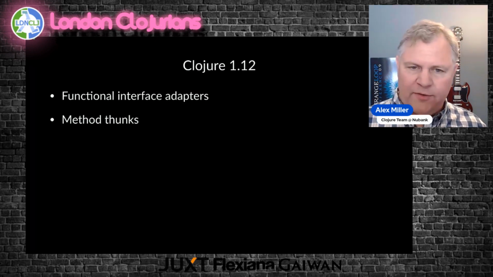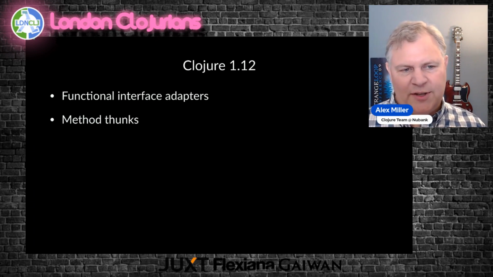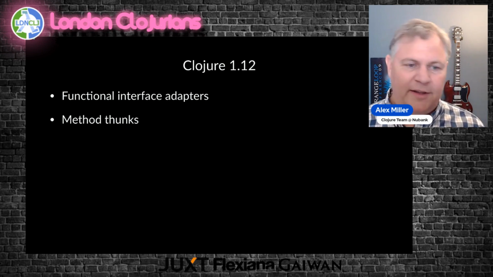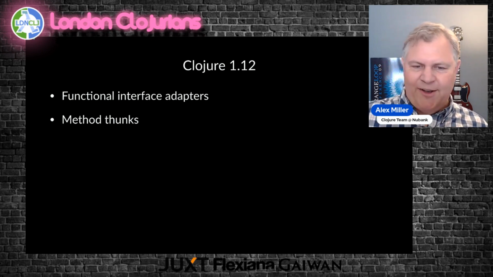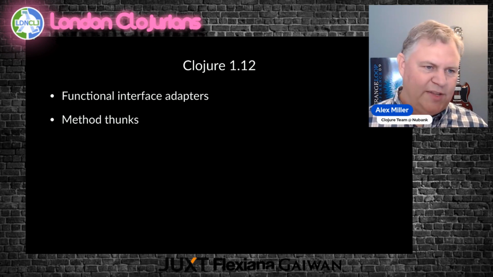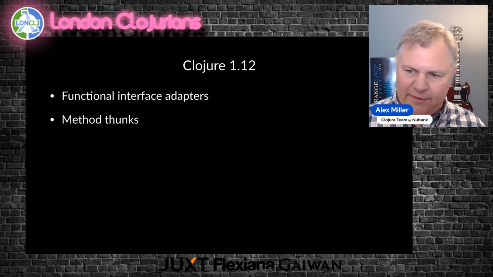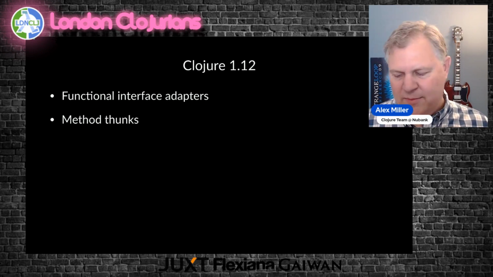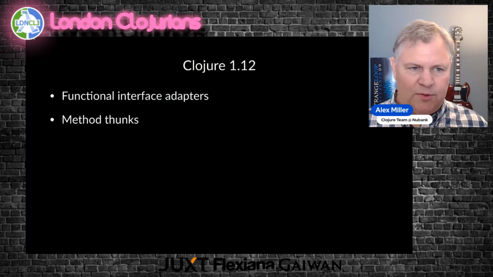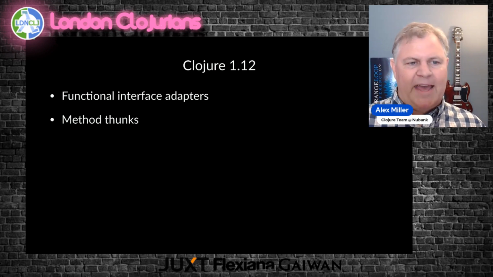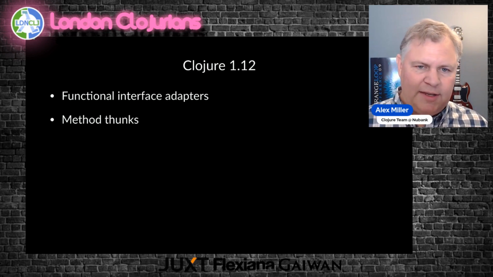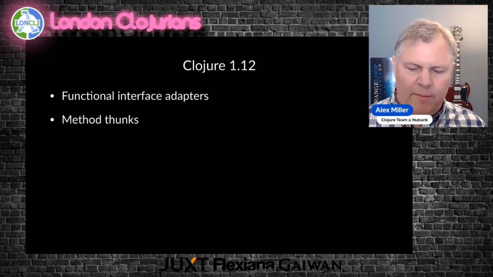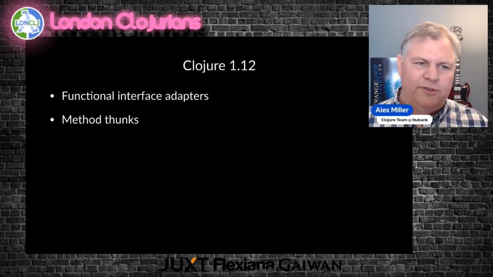One issue with that from Clojure is that Clojure functions are typed as IFn, and IFn is not a single-method interface. It has all the different arity overloads in it. So you've got a square peg and a round hole kind of thing. So it is useful to be able to adapt a Clojure function into a Java functional interface and pass that into a Java method that takes that functional interface.